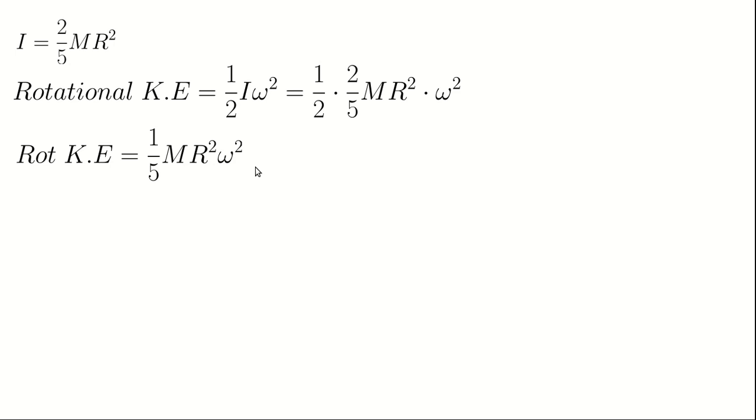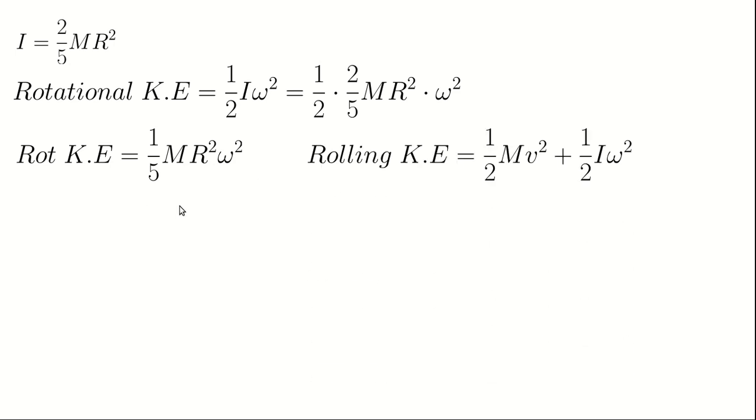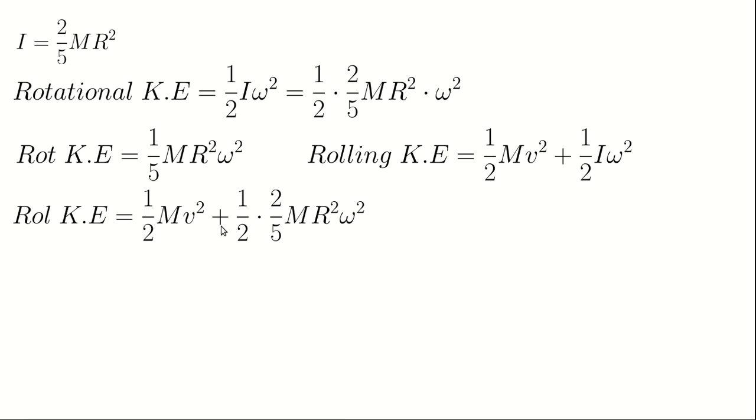Okay, so the next thing we look at is the rolling, and the rolling kinetic energy is equal to half of mv squared plus half of I w squared. Now, since we know our I, we can substitute the value of I as this expression into this part here, and that gives us half of 2/5 mr squared w squared.